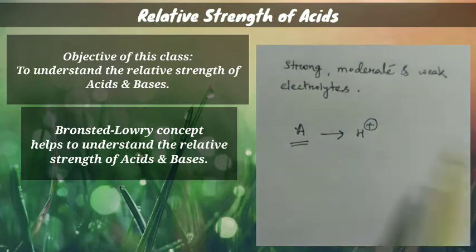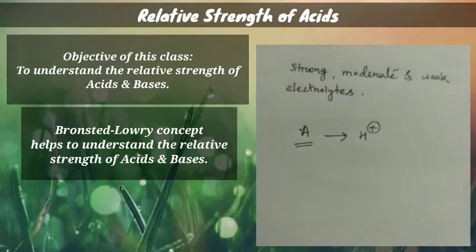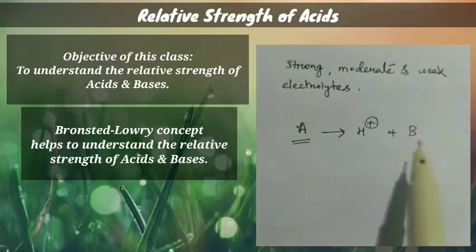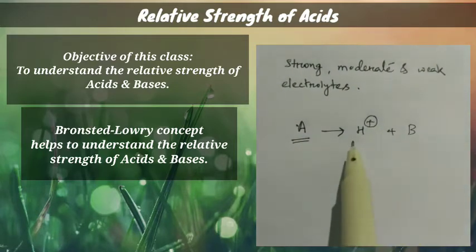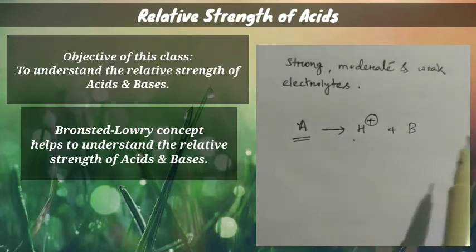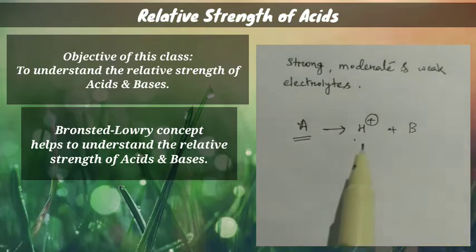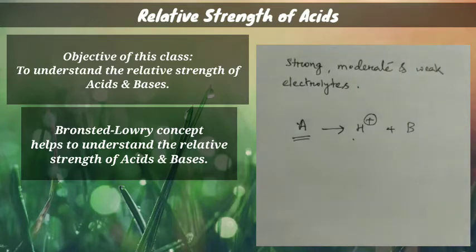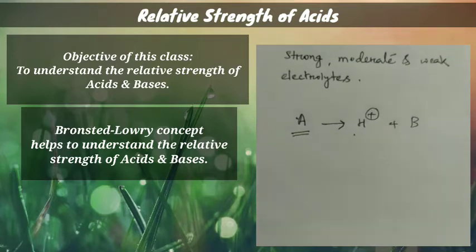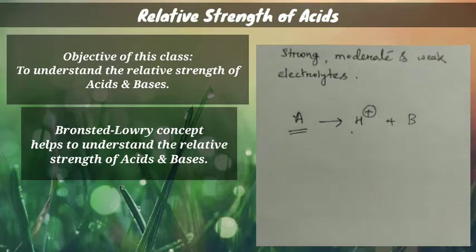A proton, to any substance or any solvent, and a base can accept that proton. That means an acid can donate a proton and the base can accept that proton. This is the main concept, the definition of the Bronsted-Lowry concept.